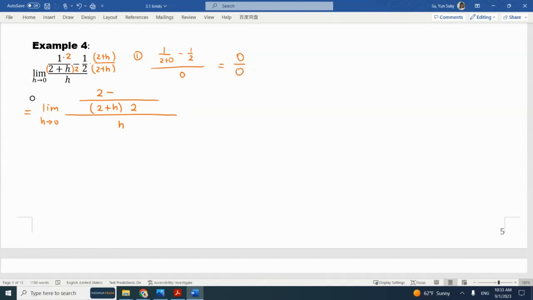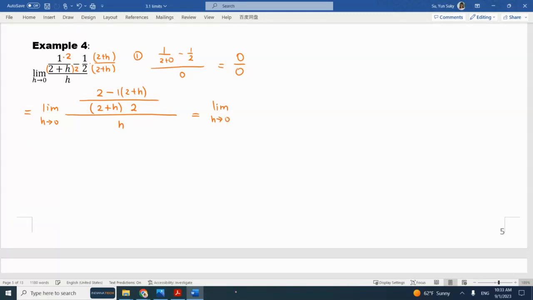Yes, everybody? So minus 1 times 2 plus h. This is how we add fractions. Find the common denominator, right? And multiply the appropriate factor to get the common denominator. Then you add the numerators. Yes, everybody? Okay, let's keep going.